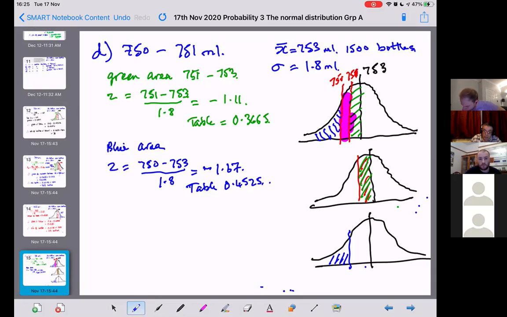So area blue is equal to 0.5 minus that, 0.4525, equals 0.0475.